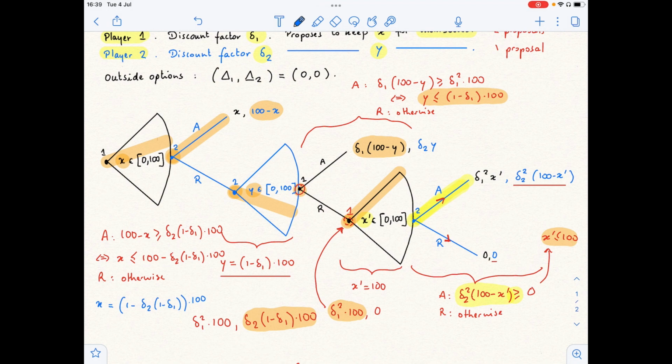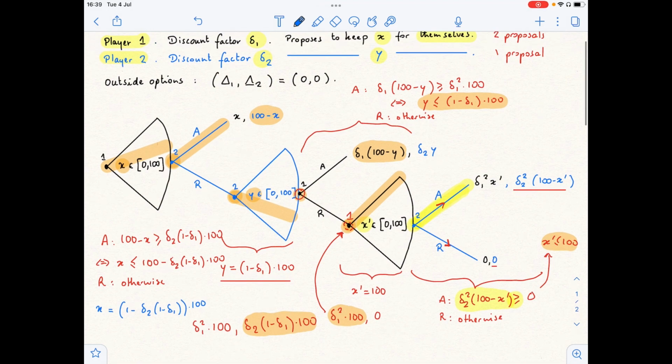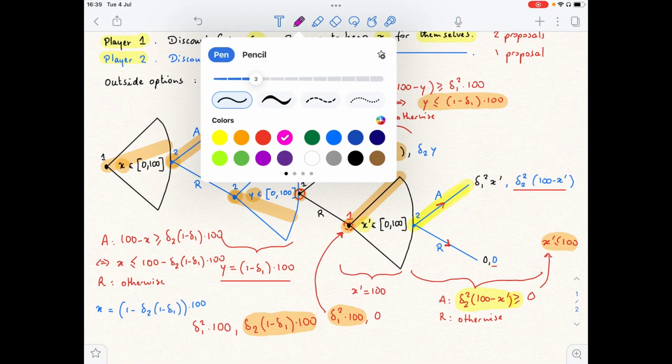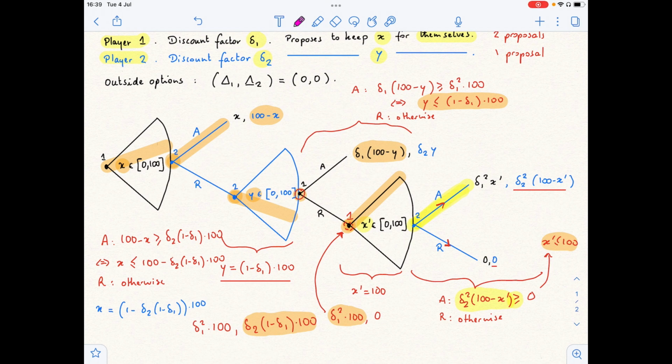And then the final payoff would be x, which is 1 minus delta 1 times 1 minus delta 2 times 100 for player 1. And the payoff for player 2 would be 100 minus that, right? Which would be exactly delta 2 times 1 minus delta 1 times 100.